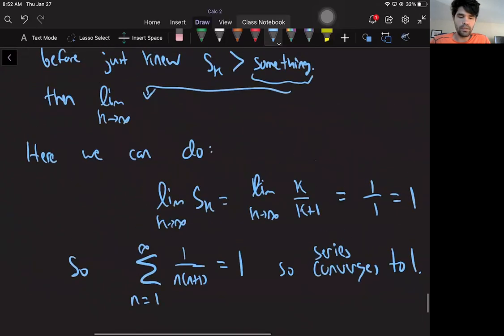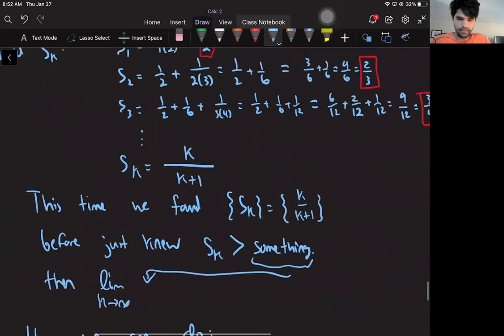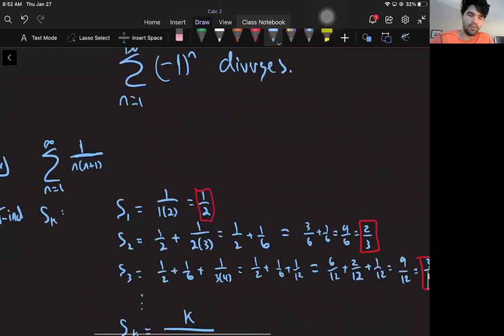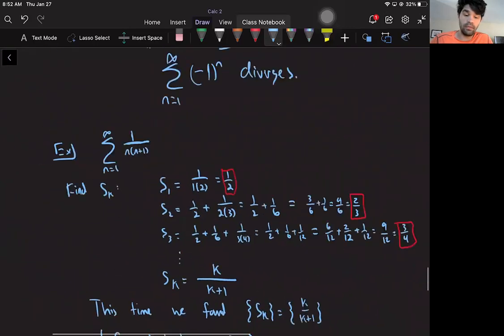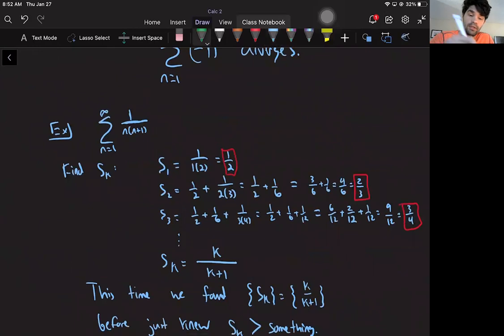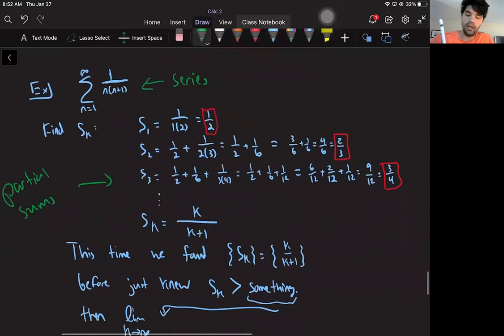So again, I just want to emphasize, maybe through this example one more time, that there's a lot of stuff going on. You're starting off with a series, and then you're creating partial sums, which themselves form a new sequence.